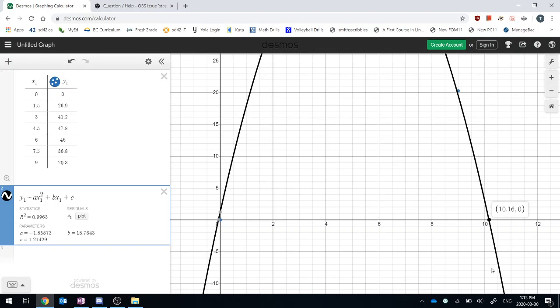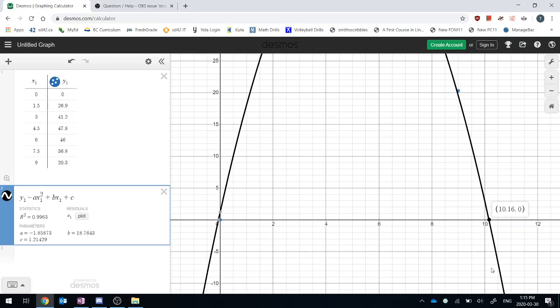Either the medication is in your blood and you have some positive amount of concentration, or you simply have no medication in your blood, in which case it would be 0, which is represented by our intercept there at 10.16. In this word problem, you can't have a negative amount.